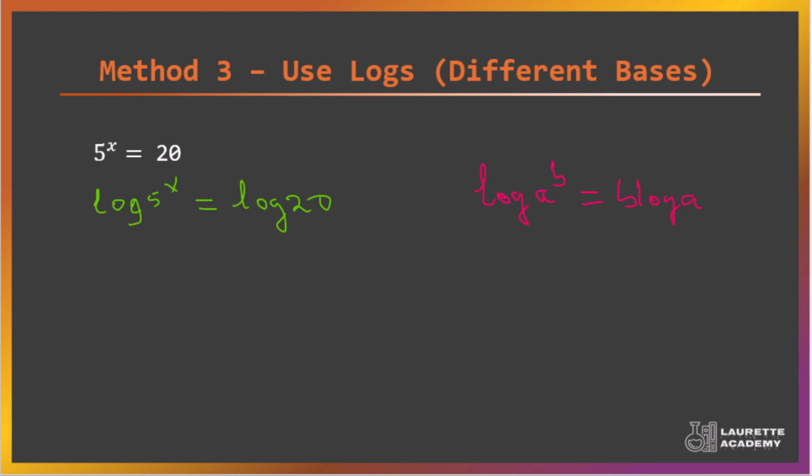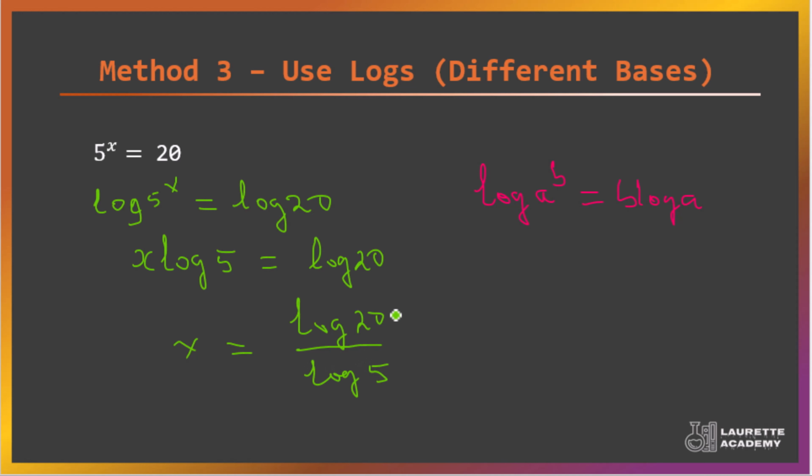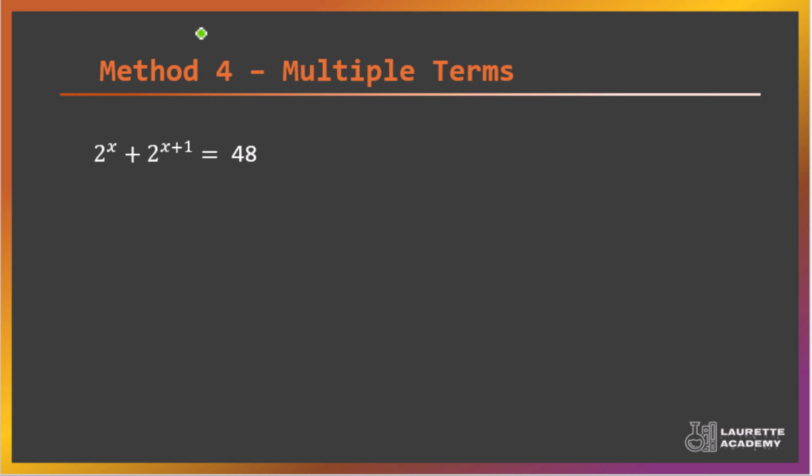So when we apply that here, we have that x times log 5 is equal to log 20, and therefore x is equal to, divide both sides by log 5, log 20 over log 5.